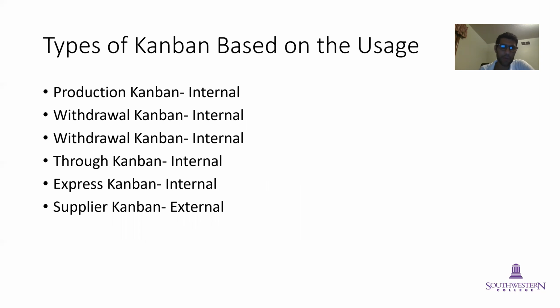So there are production Kanban, withdrawal Kanban, express Kanban, and supplier Kanban. Again, supplier Kanban is something that you use to promote and improve the communication between what's happening inside the walls and what's going on outside with your suppliers. So that's a very good Kanban system that helps the overall supply chain.